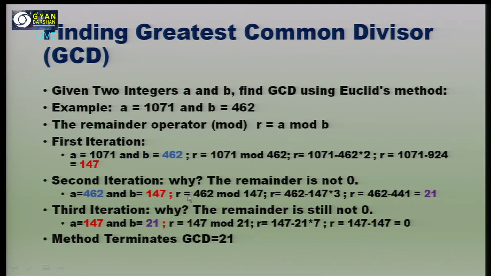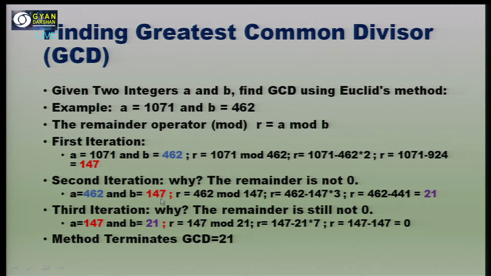So then you perform this particular operation, and in this case your quotient is going to be 3. So you perform that operation, and the remainder is going to be just 21. Still the remainder is not 0, right? Still it is not 0. So therefore you are going to perform the third iteration.